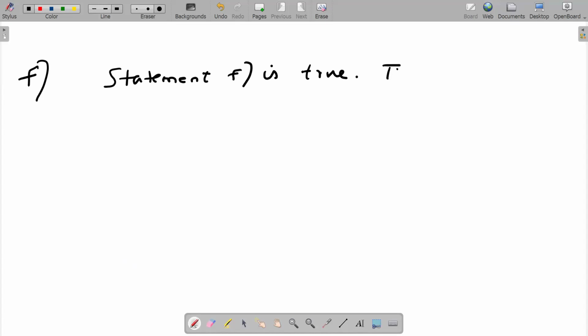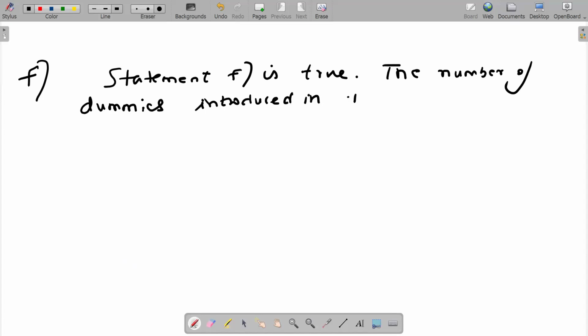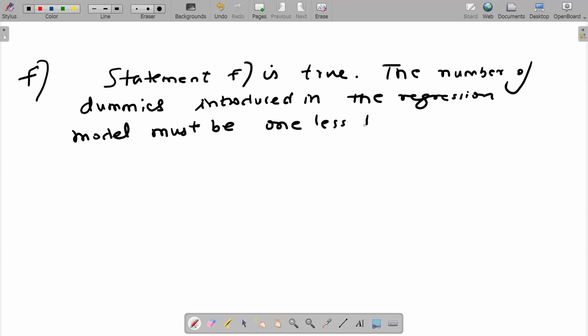The number of dummies introduced in the regression model must be one less than the number of categories.